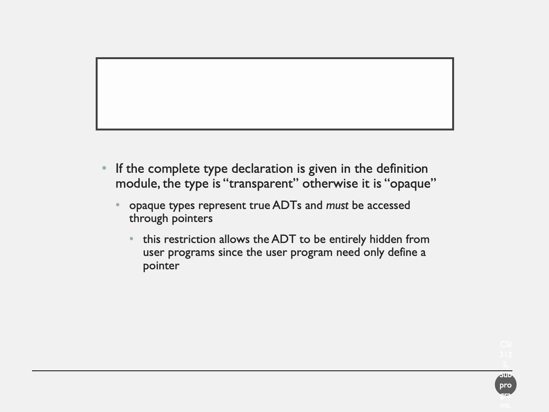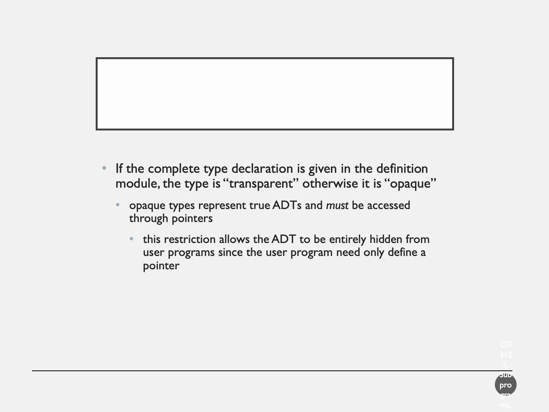That means users can see and interact with the full structure, which may defeat the purpose of information hiding. On the other hand, if the definition module only declares the type without specifying its structure, then the type is considered opaque. This is how we represent abstract data types.